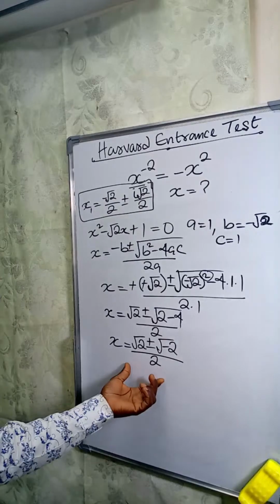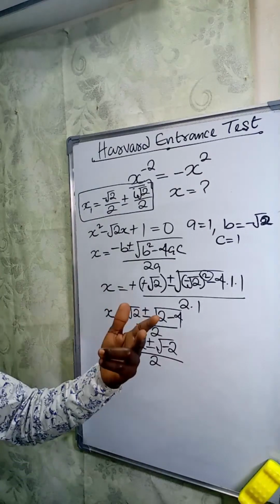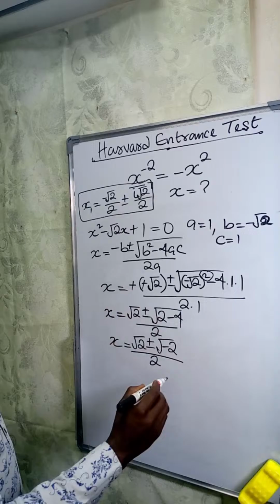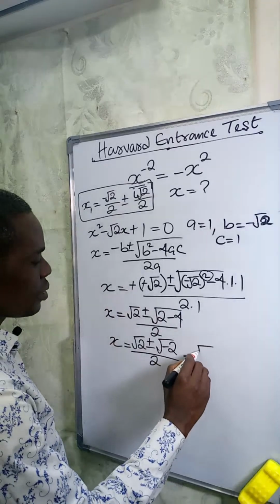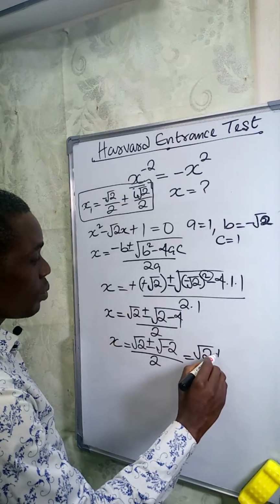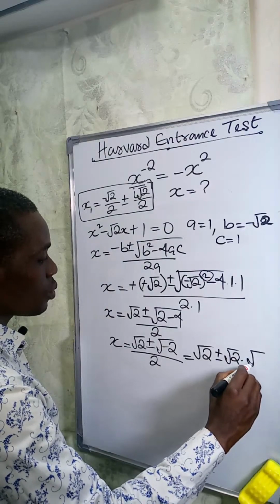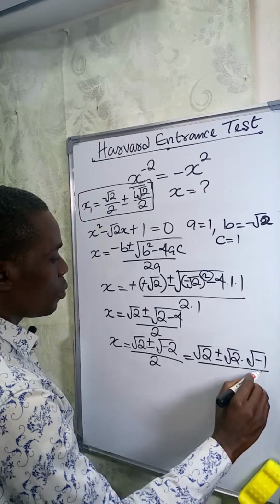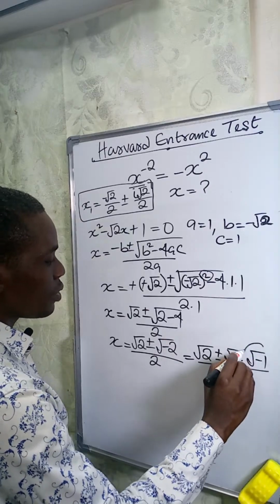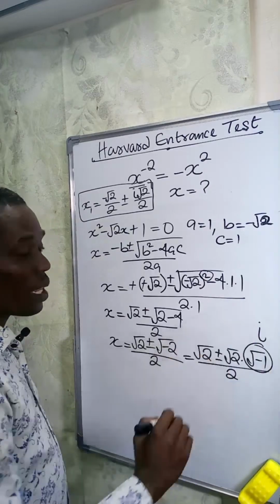So what do we do from here? Definitely we're heading to having our second solution. This is going to give us the square root of 2 plus or minus square root of 2 multiplied by the square root of negative 1, which will definitely give birth to a conjugate i.